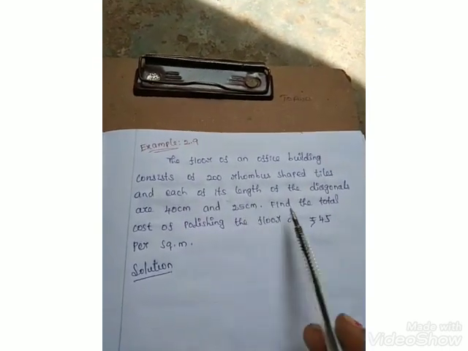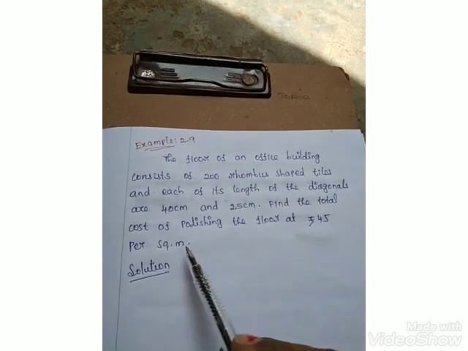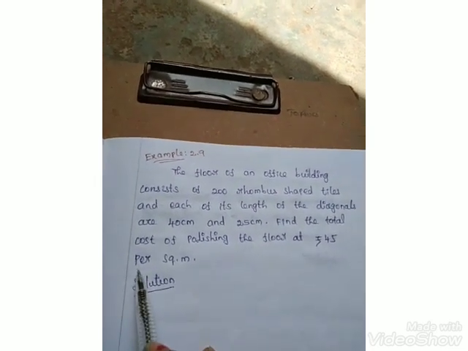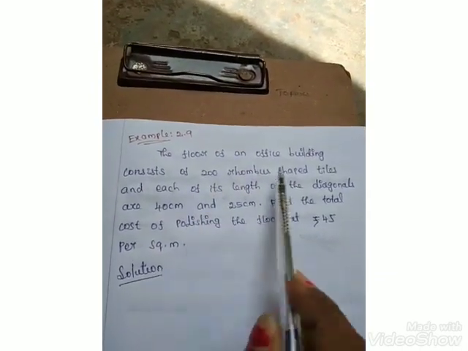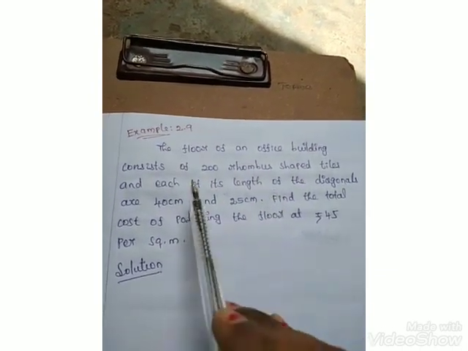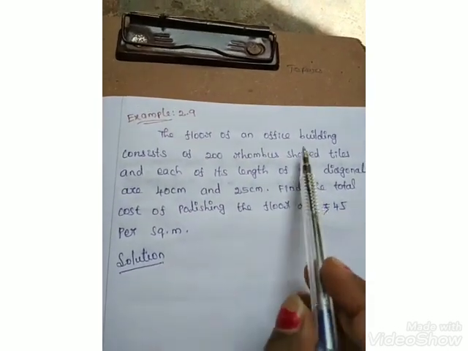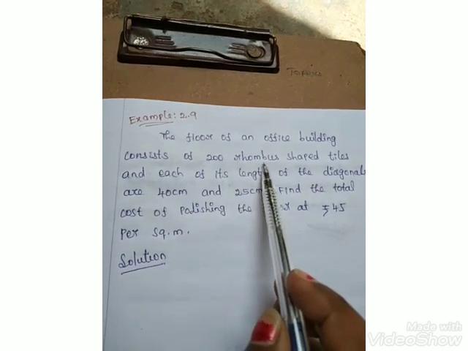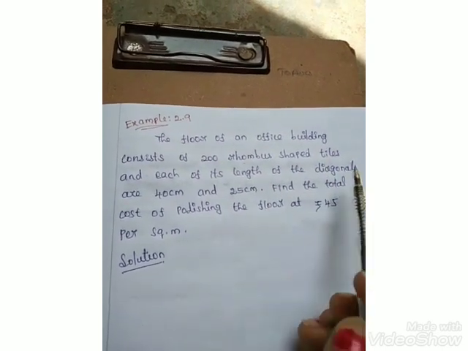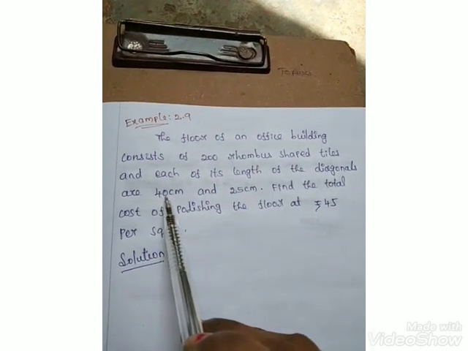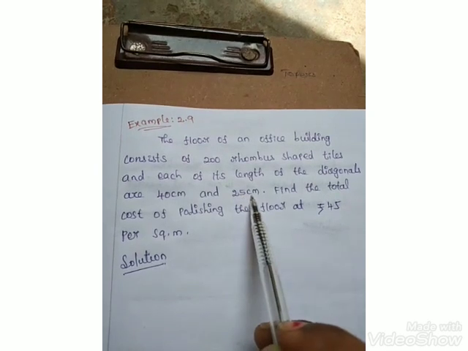Diagonal 1 and diagonal 2. Find the total cost of polishing the floor at 45 rupees per square meter. ஆக்சுவலாக ஒரு ஆஃபீஸ் பில்டிங்கில் டைல்ஸ் வந்து ராம்பஸ் ஷேப்பு இருக்குது. ஒரு ஃப்ளோருக்கு 200 டைல்ஸ் வேணும். ஒரு டயகோனல் D1 வந்து 40, another one diagonal is D2 25.